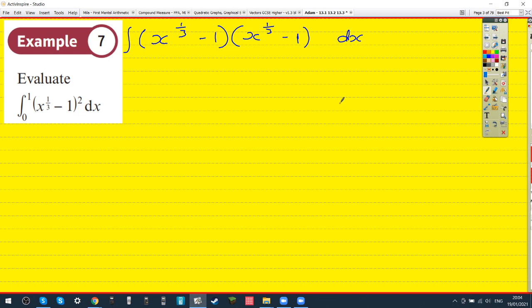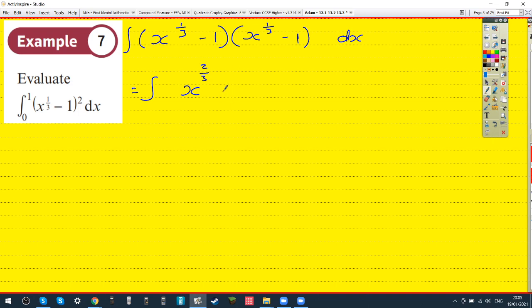So it becomes 2 over 3 x to the power of 2 over 3. Is that after integrating it? No, so it would just be x to the 2 over 3, because you add the indices together. The index, yeah. Okay.